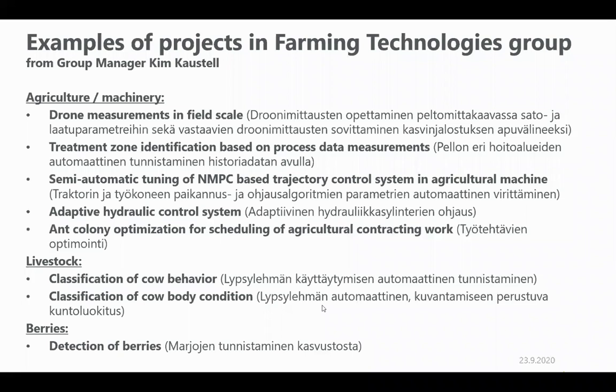And like I mentioned earlier, in the forestry side there are also several challenges.